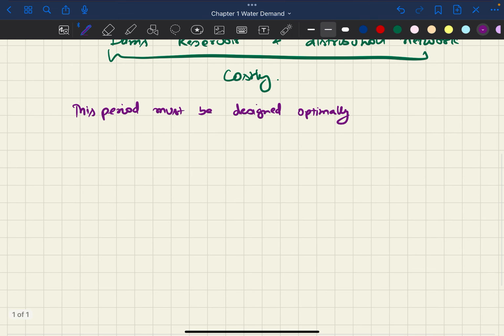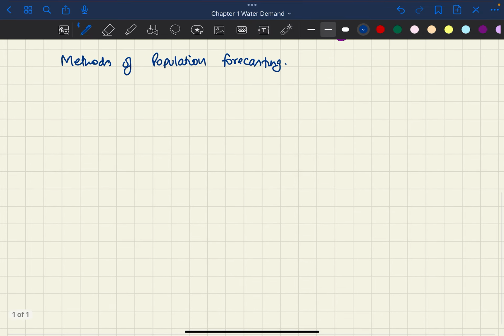So there are four methods of population forecasting. First method is arithmetic increase method. Second is geometric increase method.